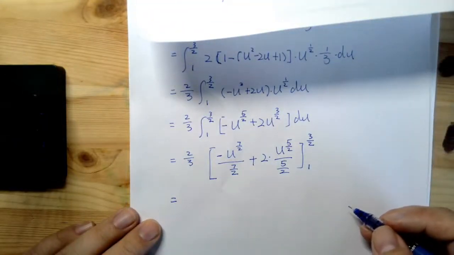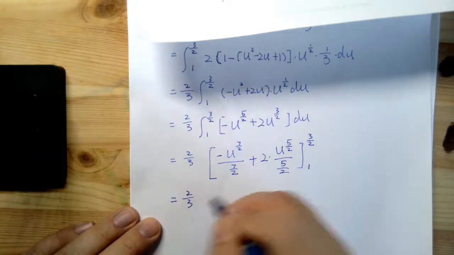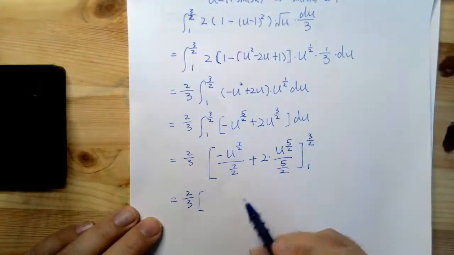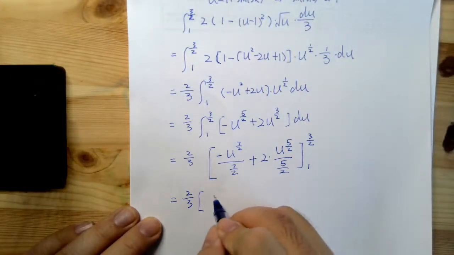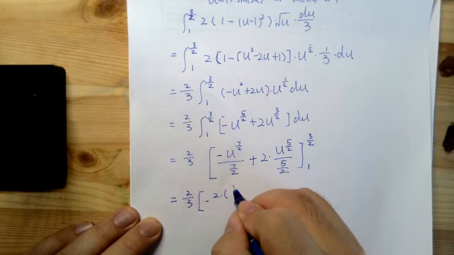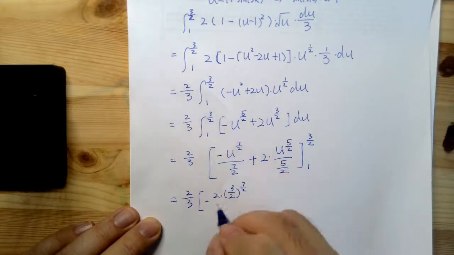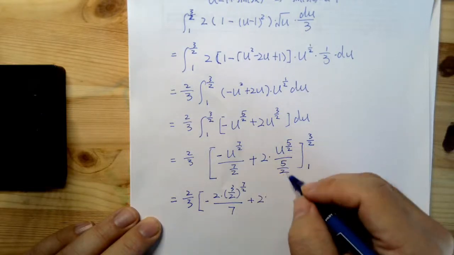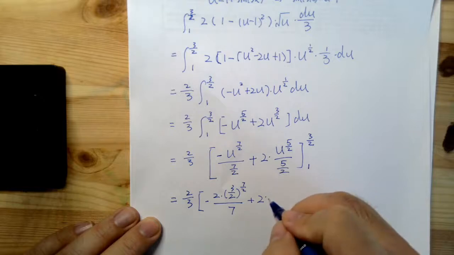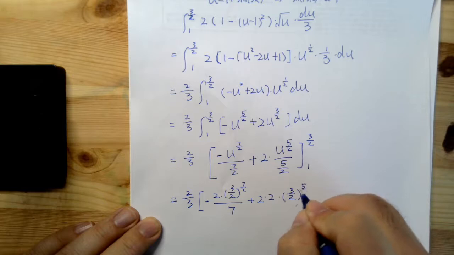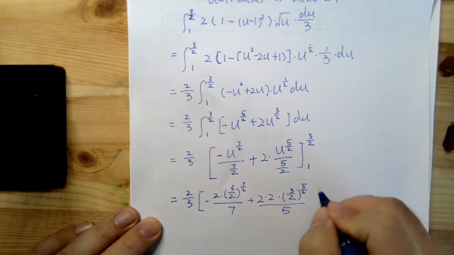So let's see, we have 2 over 3. So this is over 7 over 2, so it's going to be negative 2 times 3 over 2 to the power 7 over 2, and then over 7, plus 2 times 2, flip it, times 3 over 2 to the power of 5 over 2, and then over 5.